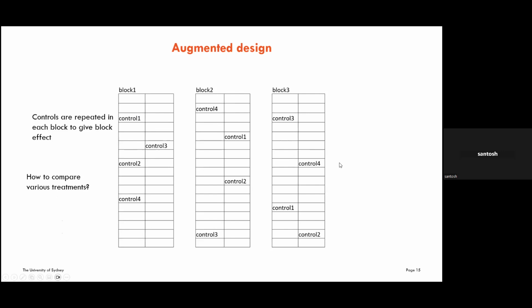In the rest of the plots, we have the different lines we want to test. So we can use the controls as an error variance to test the means of different lines.